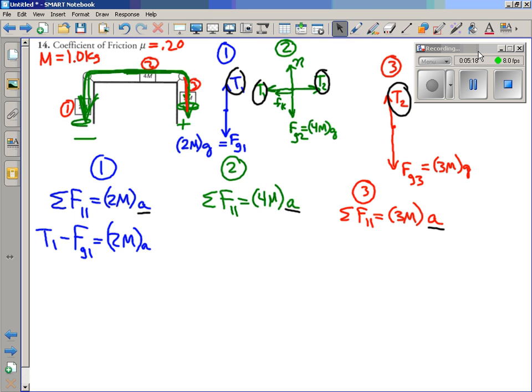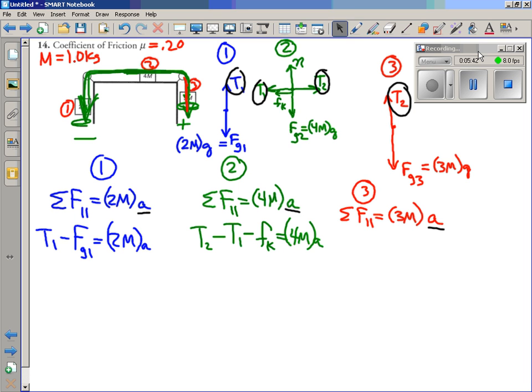For object 2, in the direction of motion, you have 3 forces. In the positive direction, you have T2. In the negative direction, you have T1 and the force of kinetic friction. And those all combine together to give us mass times acceleration.